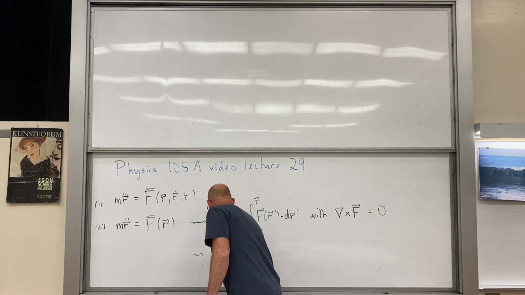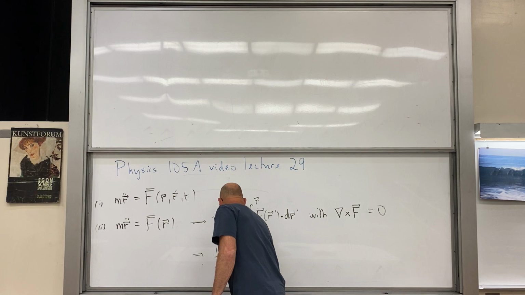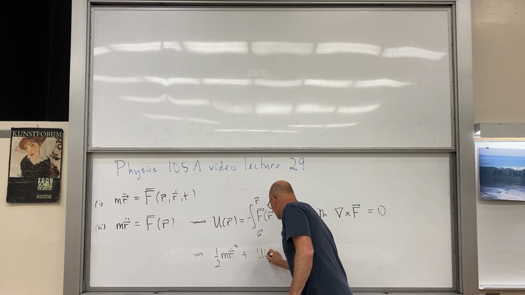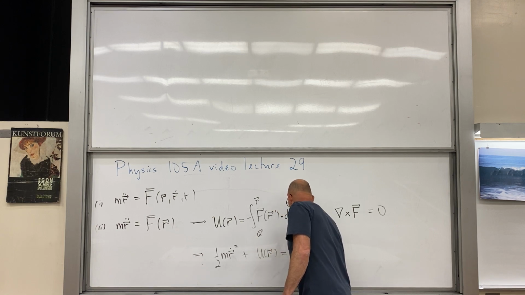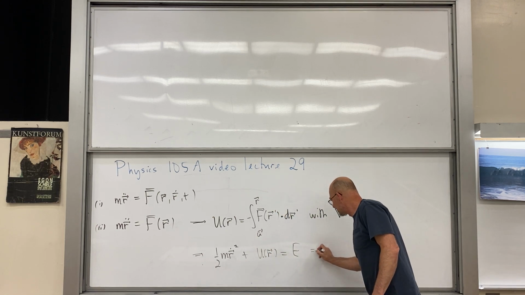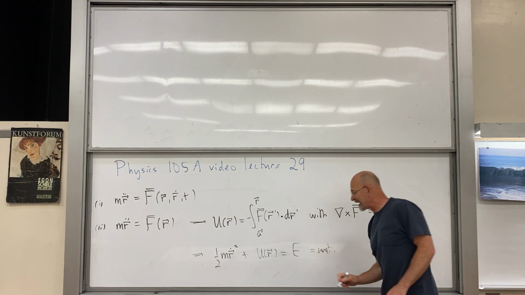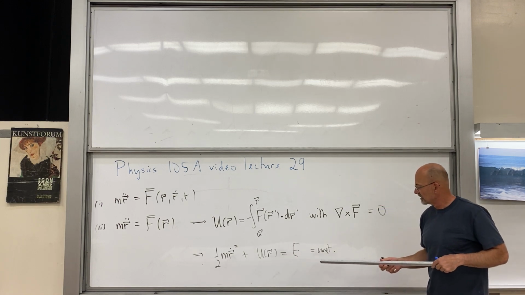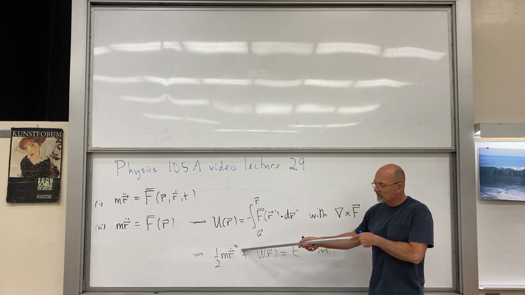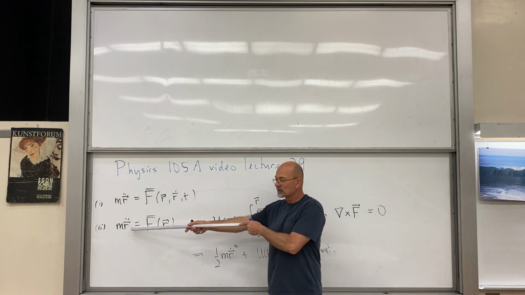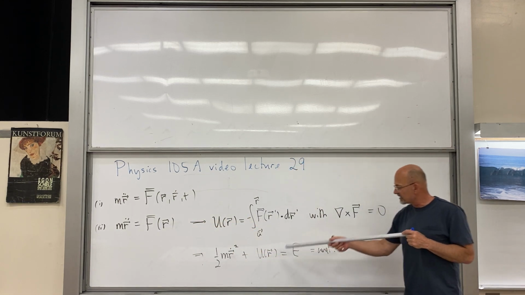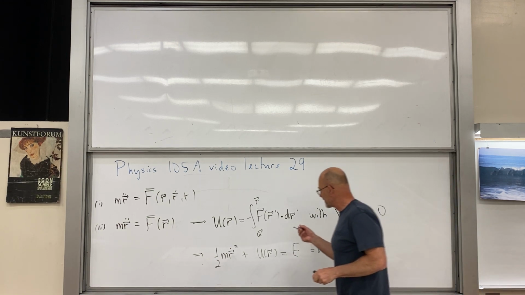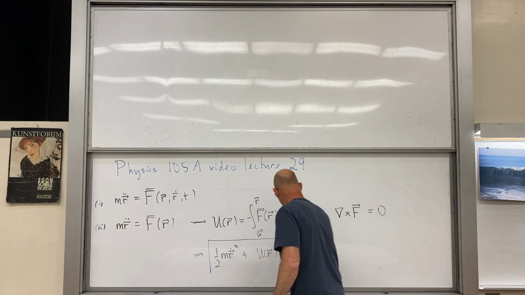So then 1/2 m velocity squared plus u equals E equals a constant. And as was the case before, this is a first order differential equation as opposed to a second order differential equation. So when you have this kind of conservation law, you make use of it. Okay, let's put that in a box. So we had conservation of energy.